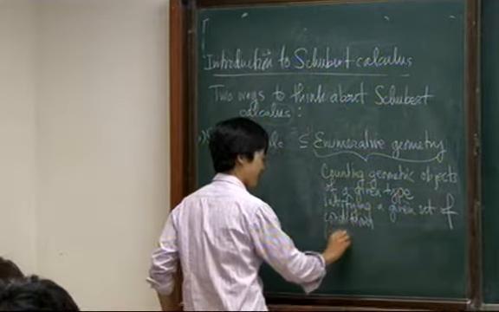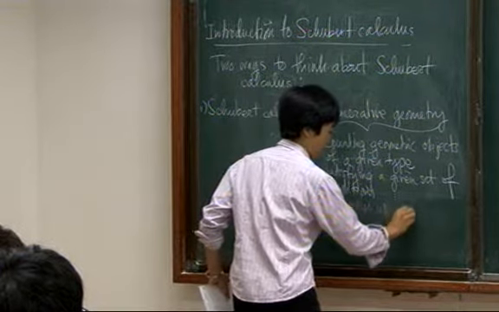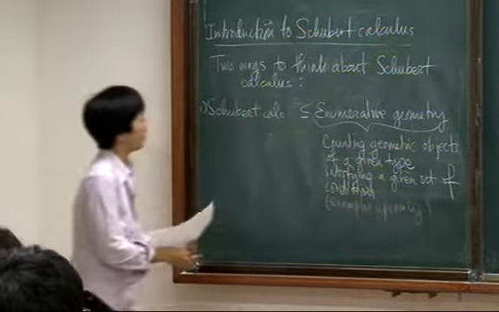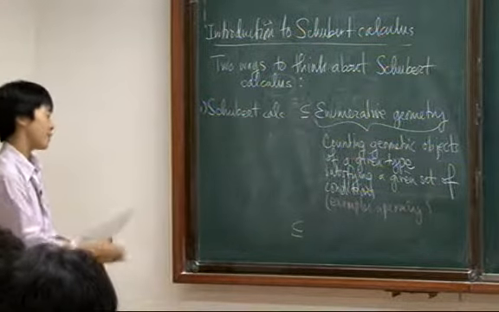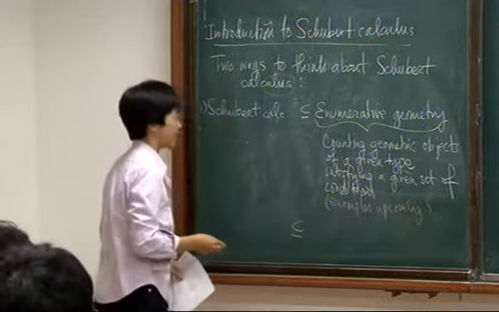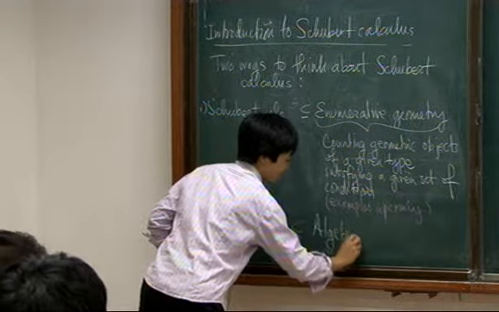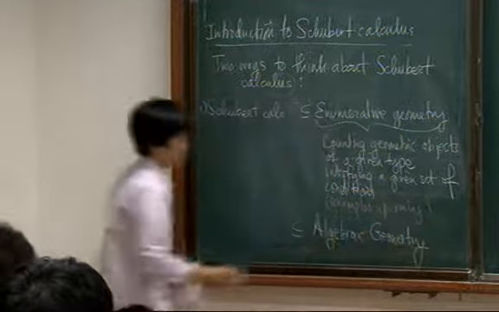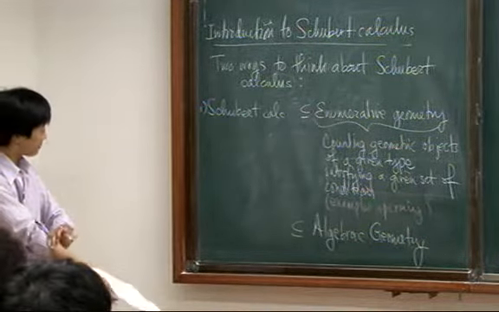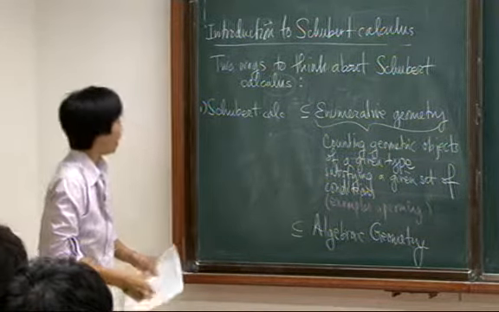Examples are coming. And the way that it is usually presented these days, that should sit inside the very large and active area, of course, of algebraic geometry more generally. So that is one way to think about what Schubert calculus is.